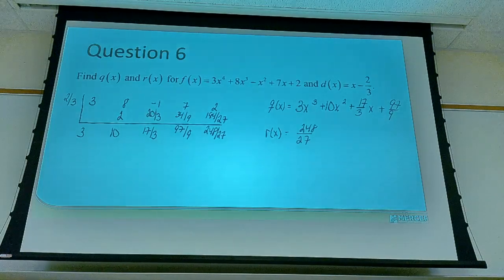Remainder 248/27. And as a rule of thumb, keep your fractions improper.